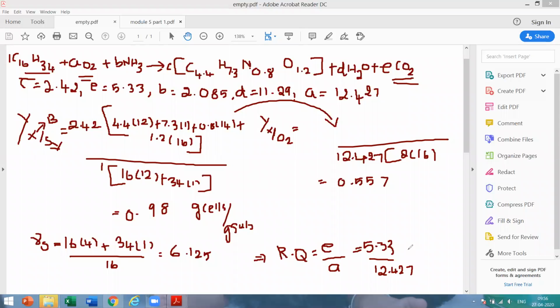Clear? So the respiratory quotient is 0.428.